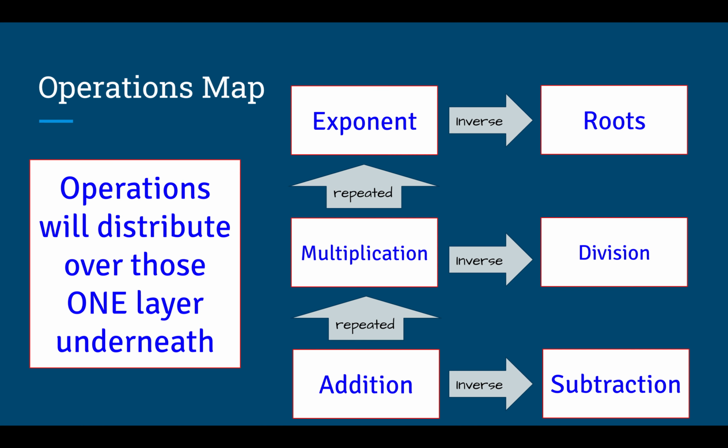So the rule I want to give you is that for each layer, they will distribute. Exponents and roots will distribute over multiplication and division. Multiplication and division will distribute over addition and subtraction, but they won't go an extra layer down. That's probably the main misconception people have, doing it when they shouldn't. Also, in most of the inverses, people don't realize that they can do those just the same.